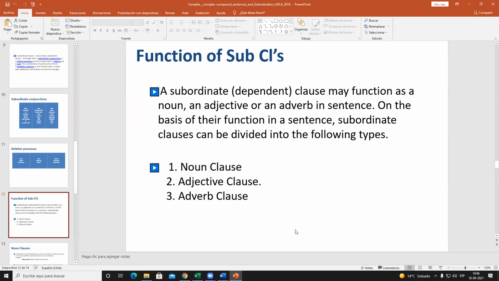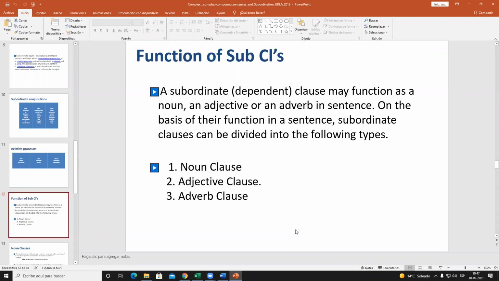Okay, the very first thing I'm going to say is that these names, noun clause, adjective clause, and adverb clause, are only one of several different names that they might have. If you continue studying grammar, you'll see that these are not the names that most grammarians give to these types of clauses.